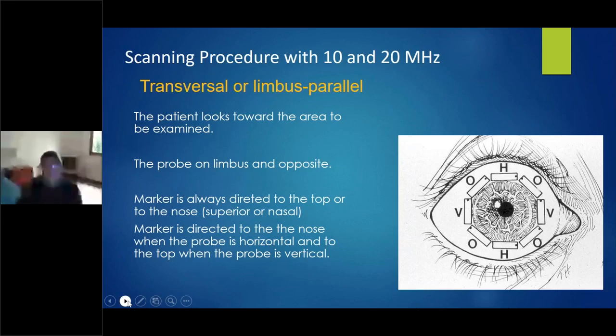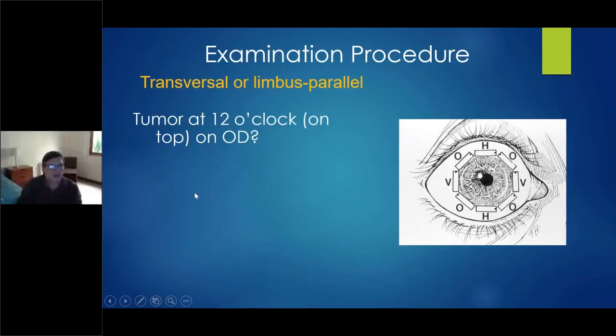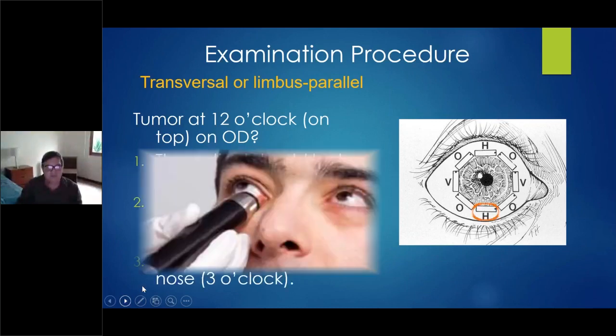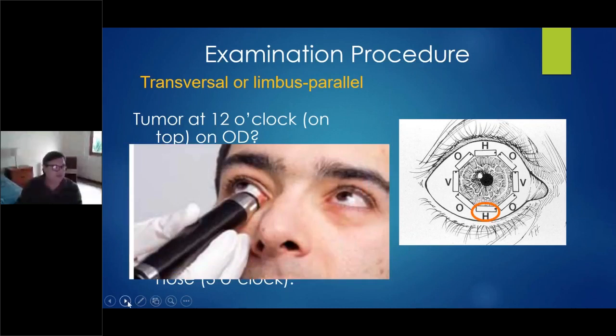You try to see it on top, on the right eye. The patient should look up and you put the probe on the eye button and on the limbus in this form. The patient looks up, you put the transversal scan if you want to see a tumor or a lesion at 12 hours.